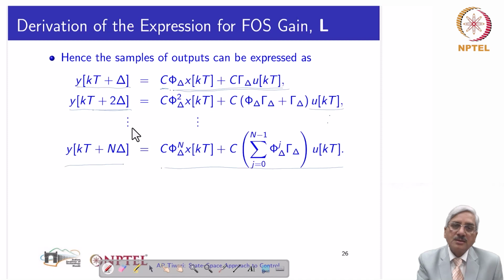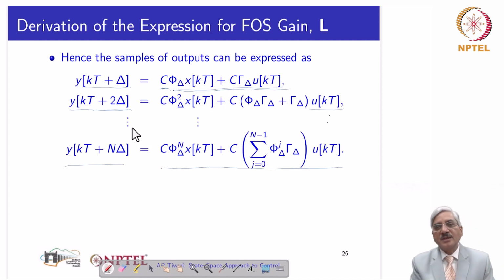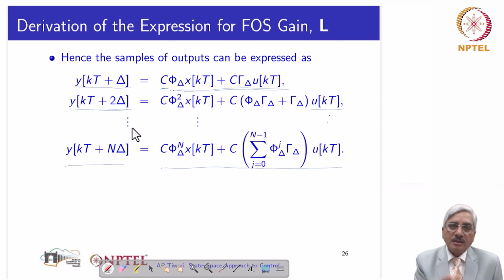It is simple. Once we first obtain the values of the state at the ends of the different sub-intervals, kt plus delta, kt plus 2 delta, etc., the output is the output matrix C multiplied by the values of the states, and so we get these.